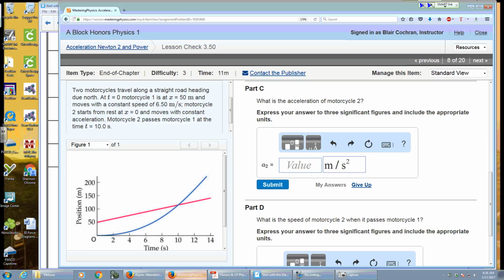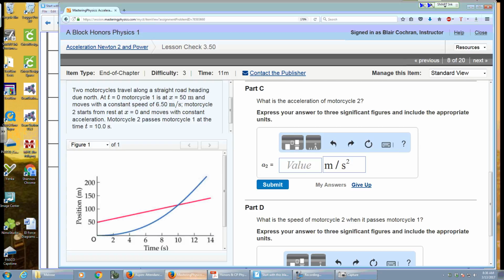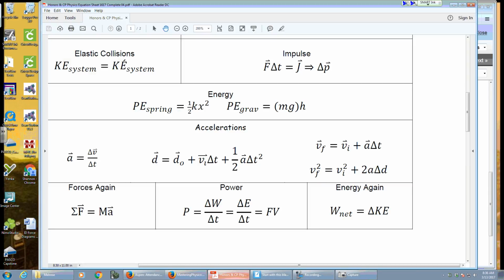Most common mistake will be to forget to square 10 there. And what's the speed of motorcycle 2 when it passes motorcycle 1? I'm going to use V final equals V initial plus A delta T. I could use either of these velocity equations over here because I know so much.